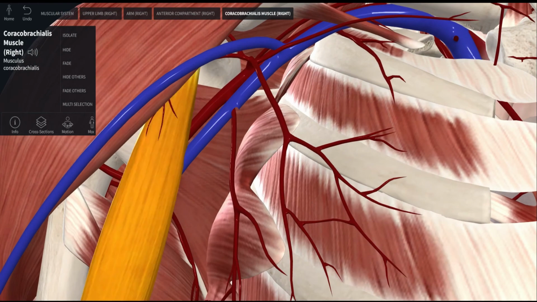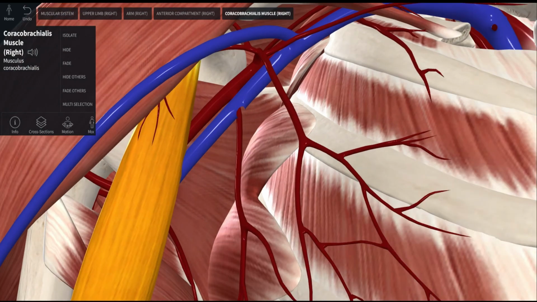I have removed them, so the coracobrachialis is pretty visible. And as you can see, this is the second part, and this side is the lateral side, this side is the medial side. So the lateral relation is coracobrachialis. That completes the second part as well.